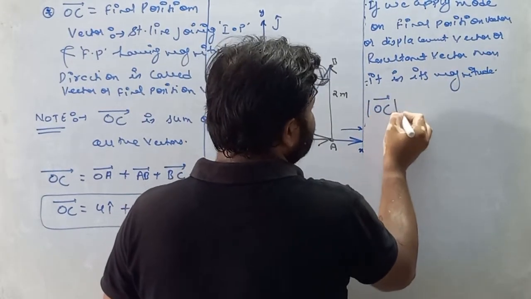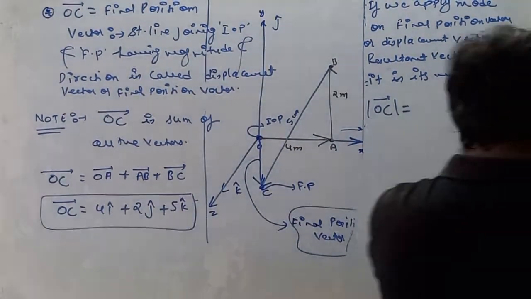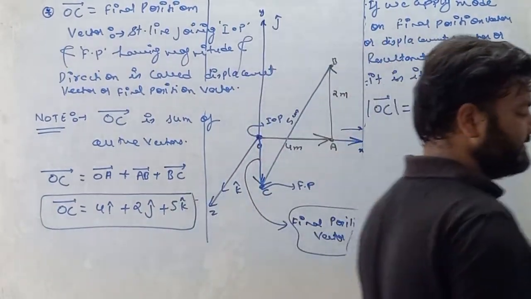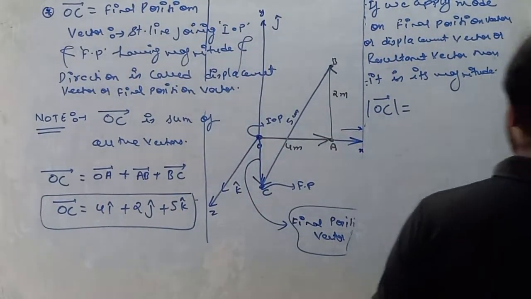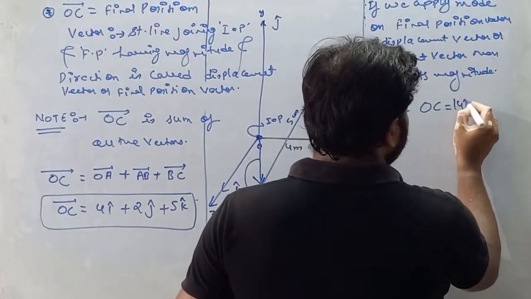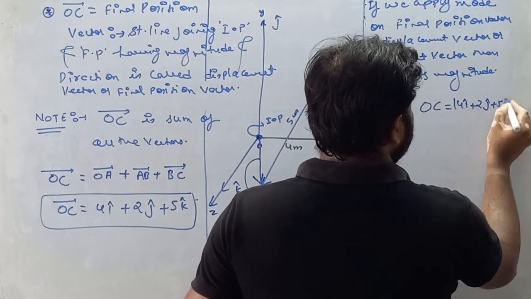So the magnitude of OC vector, mod of OC vector, is equal to, my dear student, mod of 4i cap plus 2j cap plus 5k cap.